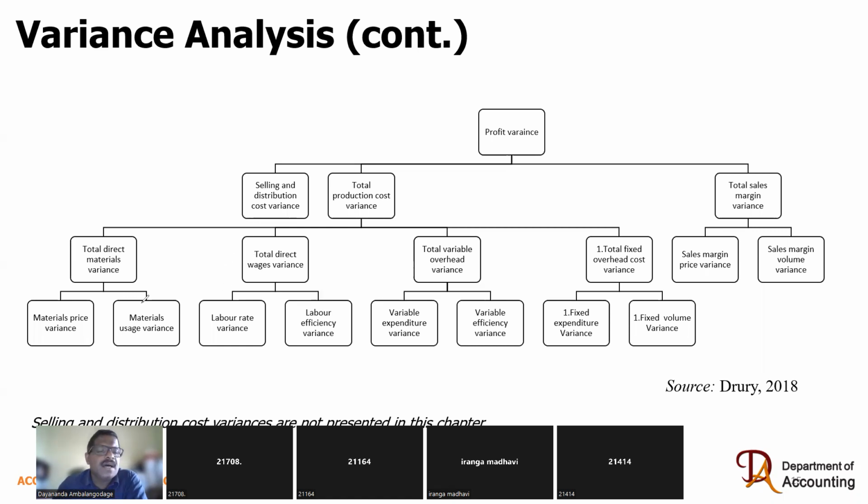We are going to focus on these in the next slides, and of course my mouse is not working well. Okay, this one and this one and this one. So initially we will be focusing on these four in the next slides.